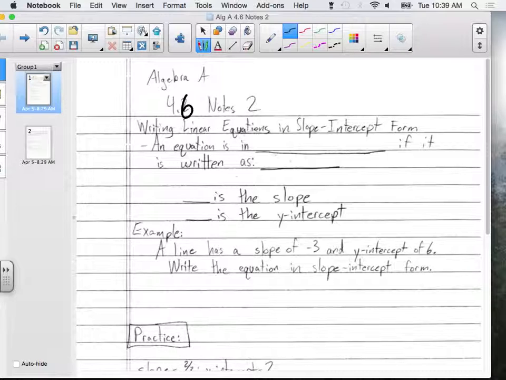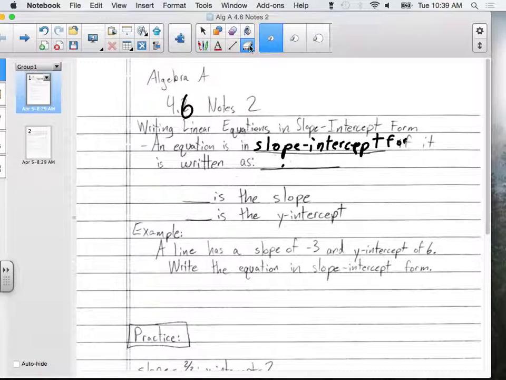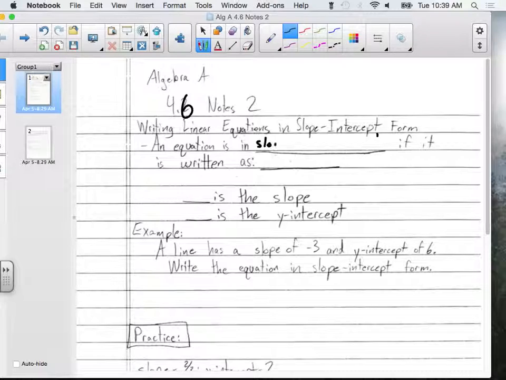So an equation is in slope-intercept form. There we go.